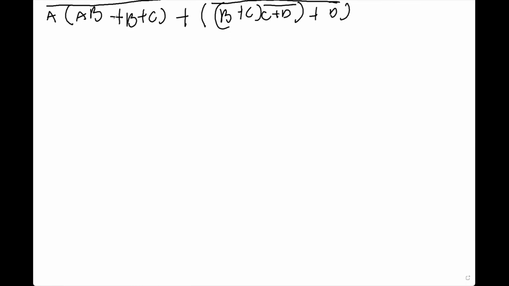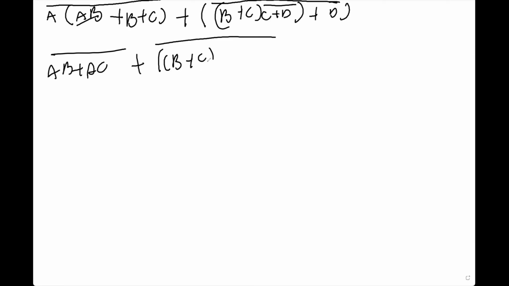And then I'm going to simplify the big thing first. I'm going to get AB plus AC. Plus, let's see. And then I'm going to continue simplifying.